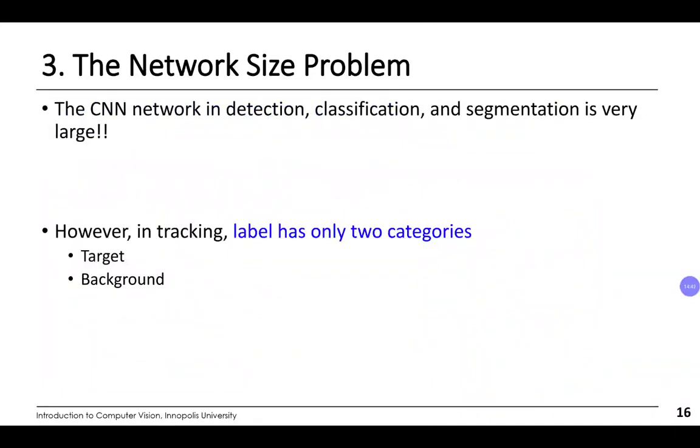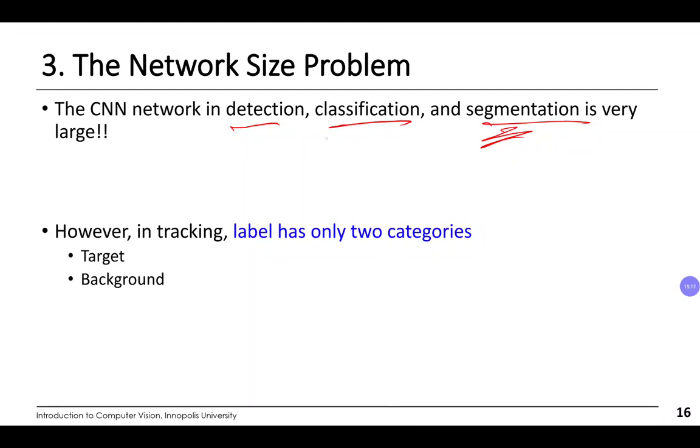The third main problem that they deal with in MDNet is the network size problem. This is very natural. For example, when you are using a CNN for detection, classification, and segmentation, usually the output is very large. Consider semantic segmentation, the topic of the previous lecture, where each pixel needs classification.